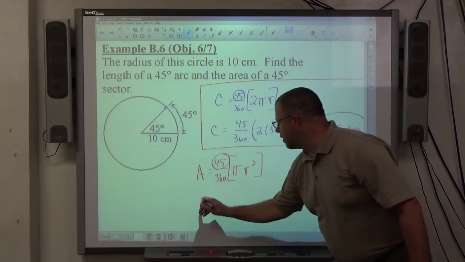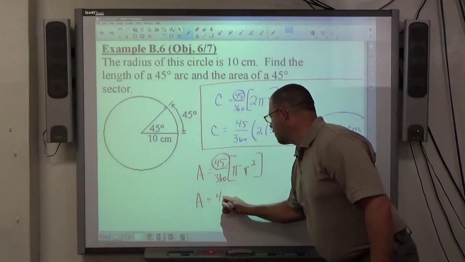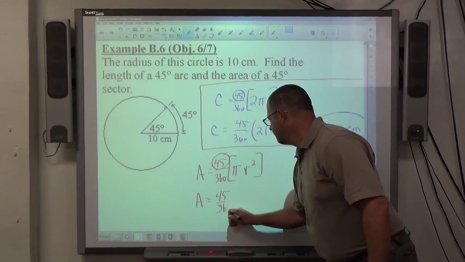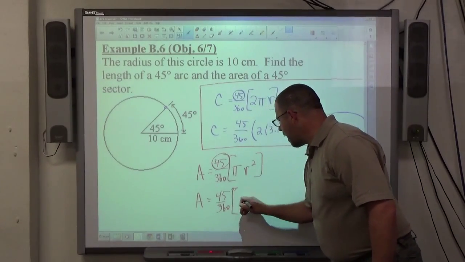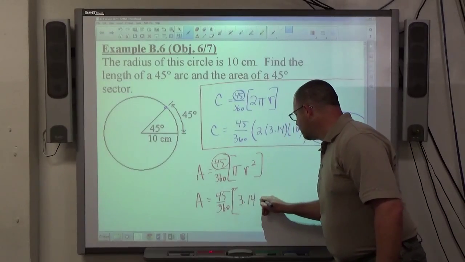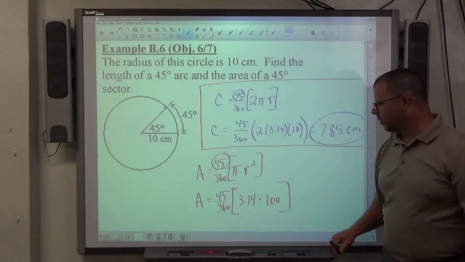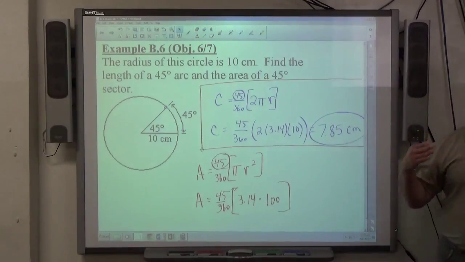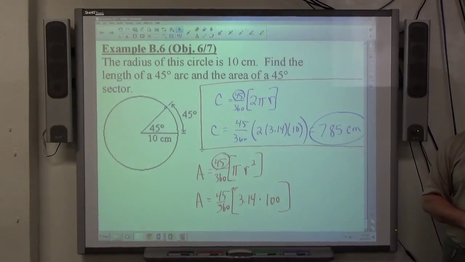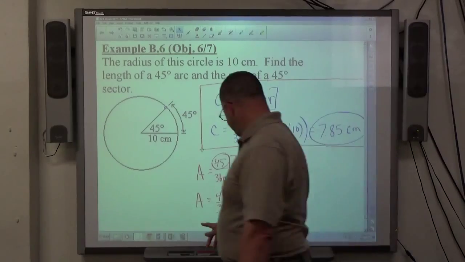So in the case of this specific problem, 45 over 360 times pi, which is 3.14, times r squared, which is 100. Just like yesterday, or the day before, whichever day I did that. If I can square it in my head, I'm going to square it in my head instead of writing 10 squared. That's one less button I have to press on my calculator. It's all multiplication and division instead of powers.